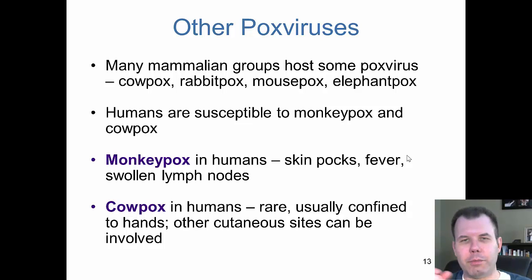Now, we don't typically milk cows anymore by hand. We have machines that do it, so we don't see these infections very often. But I just want to point this out to any of you nurses or doctors that are going to work in areas where you have lots of dairy cattle, you may see some cowpox. Monkeypox is a rare disease, but we do have some cases. In Milwaukee, there was a case or two of monkeypox about 5 years ago.